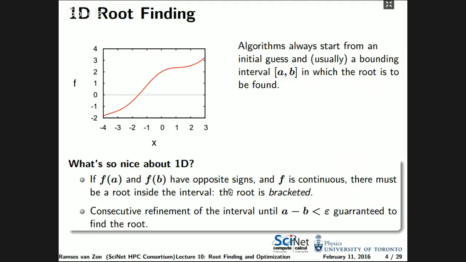This is something that we'll lose when we go to higher dimensions, where you can't just take a couple of points, evaluate a function, and know for sure that your solution lies within those bounds. Here, we know there's a solution as long as we know that this function is continuous. So we call this bracketing of a root. A and B are a bracket around the root. Somewhere in that interval, we know there is a solution, and we know it by just evaluating f(A) and f(B). So we're going to try and refine this.